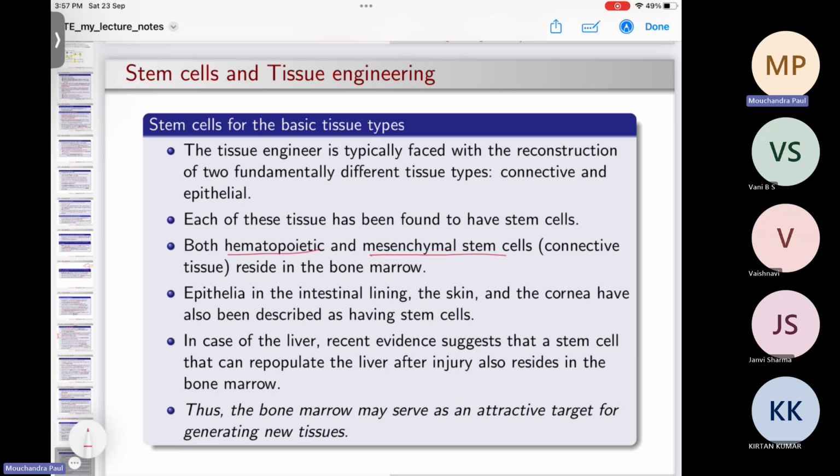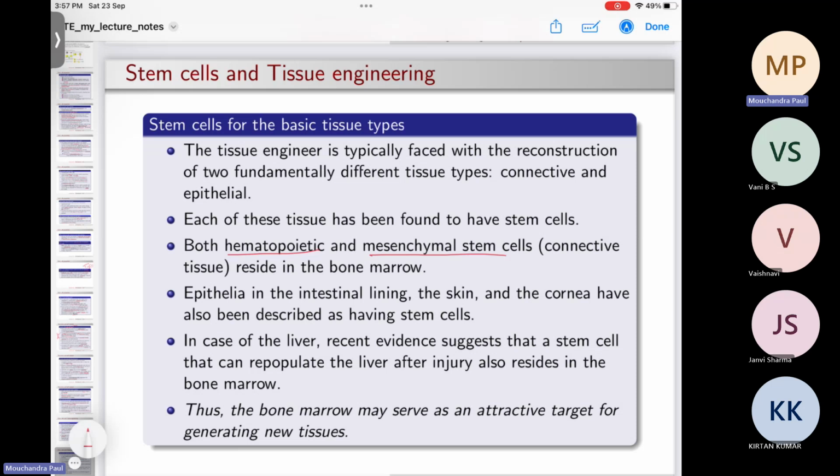Both of these stem cells differentiate along the lineages that give rise to connective tissue cell types like blood cells, bone, cartilage, etc. And these cells reside in the bone marrow. So you take out these cells simply, give proper conditions and make bone cells or muscle cells, etc. Okay? In vitro or directly into your artificial tissue construct, if you can do it, that will be much more beneficial.